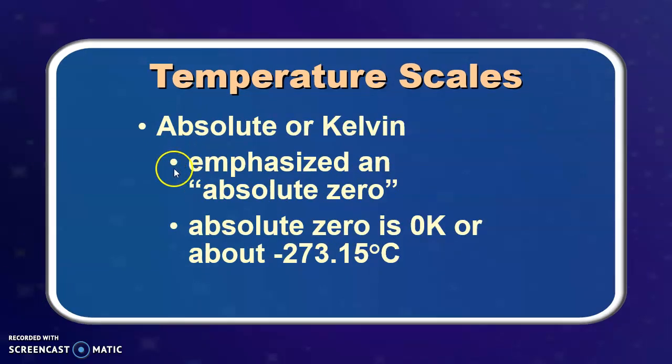The absolute or Kelvin scale was also developed because they wanted to know the lowest minimum temperature something can actually exist at. After experimentation with the temperature-volume relationship of gases, scientists extrapolated that the minimum possible theoretical temperature is negative 273.15 degrees Celsius.